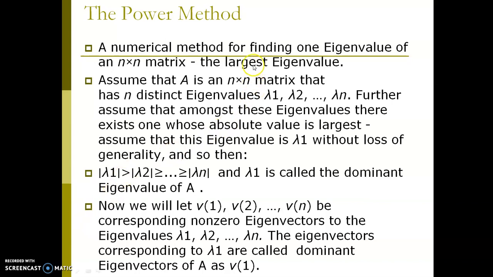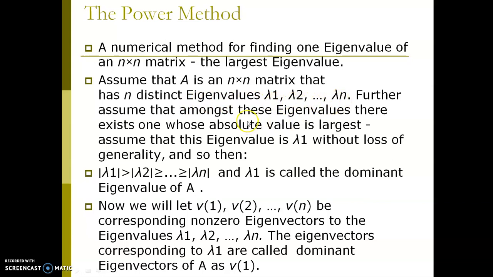A numerical method for finding the eigenvalue of an n by n matrix is for finding the largest eigenvalue. Assume that A is a characteristic matrix of size n by n, so that n distinct eigenvalues lambda 1, lambda 2 to lambda n can be found.